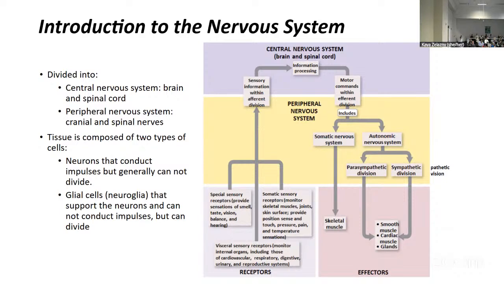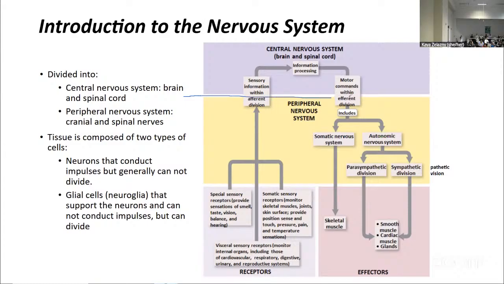Okay. Well, that's one way of dividing our nervous system, right? So we're separating out here, central nervous system, or CNS, brain and spinal cord.